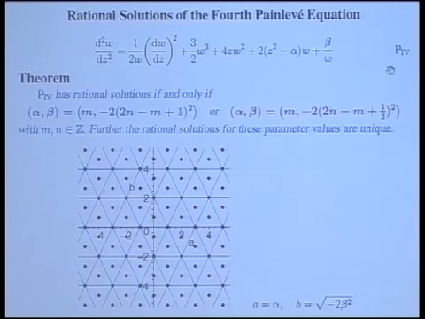So there are two types of rational solutions. Originally they were given by Noumi and Yamada in terms of differential difference equations. Now I'm going to express them in terms of Wronskians, because I think that's a slightly simpler way of doing it.